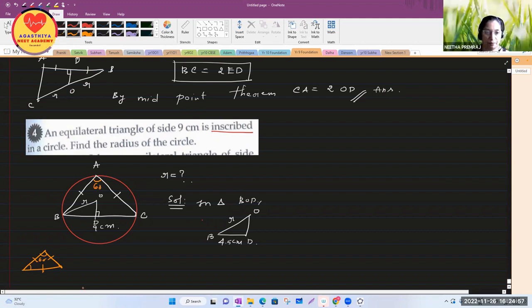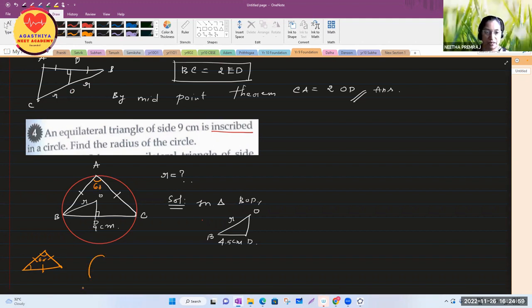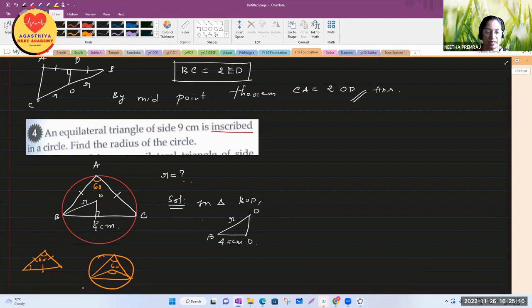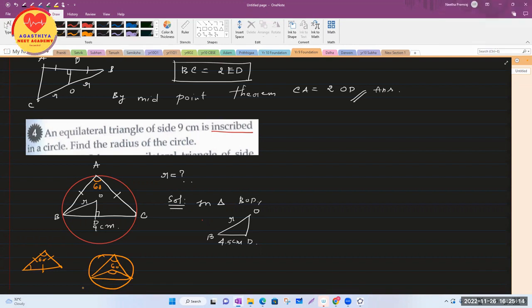Correct? Now this triangle angle is 60 degree. It is given. So at center, what is the angle? 90 degree?